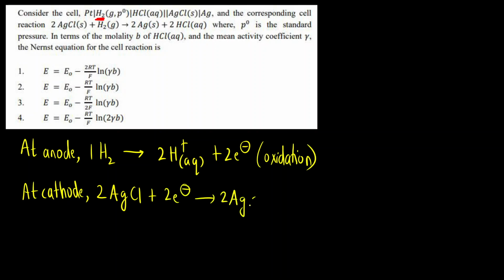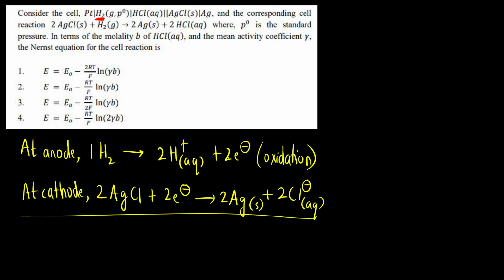This will become 2 Ag solid plus 2 Cl minus aqueous. You can see there are 2 electrons involved, so n is equal to 2, and the overall cell reaction will be 1 H2 plus 2 AgCl solid.